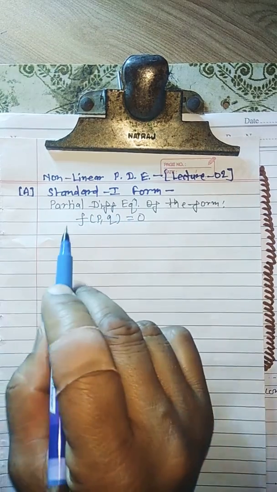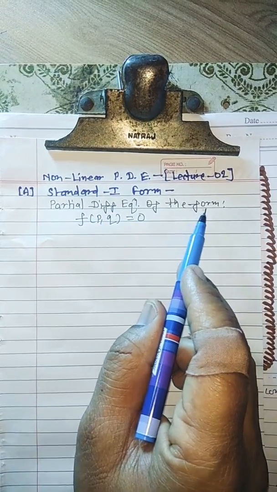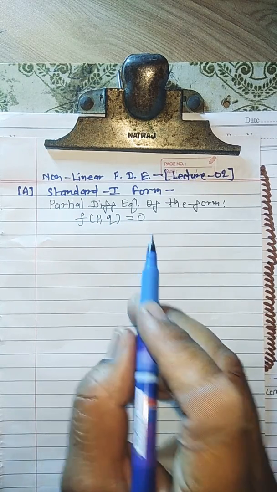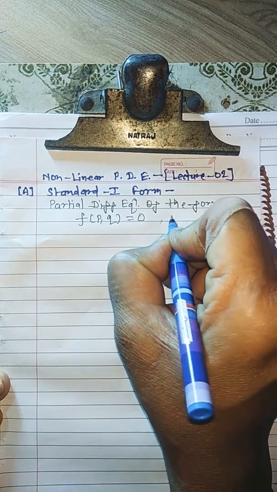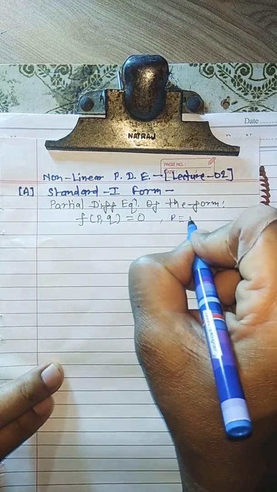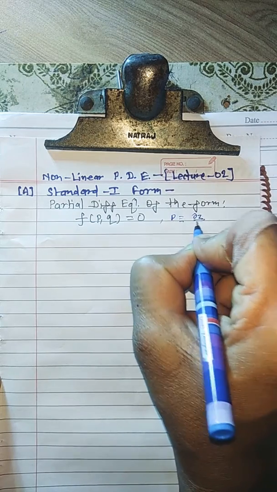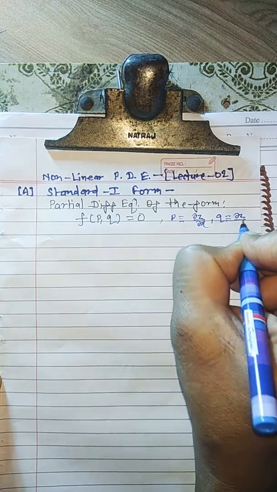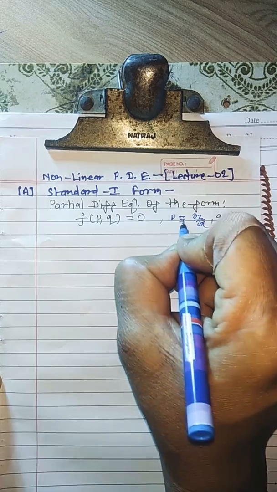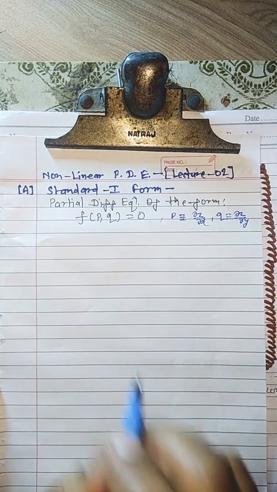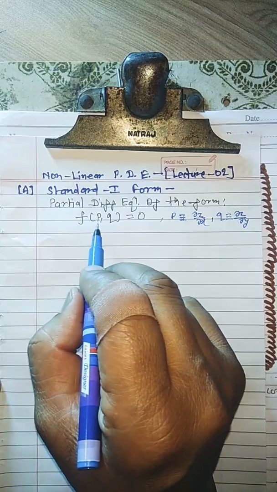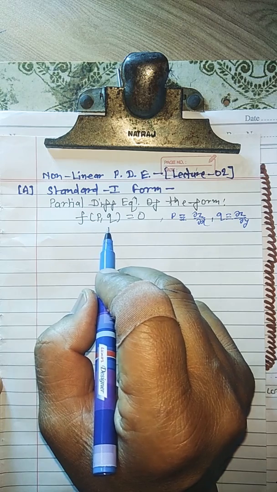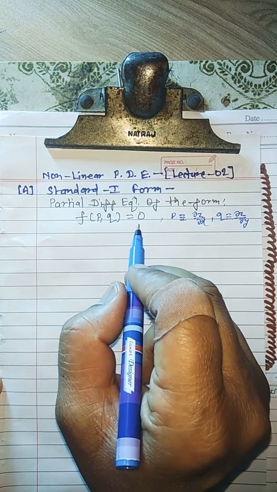Standard first form is a partial differential equation of the form f(p, q) = 0, where p is ∂z/∂x and q is ∂z/∂y. That means the differential equations involve only p and q, not x, y, z.